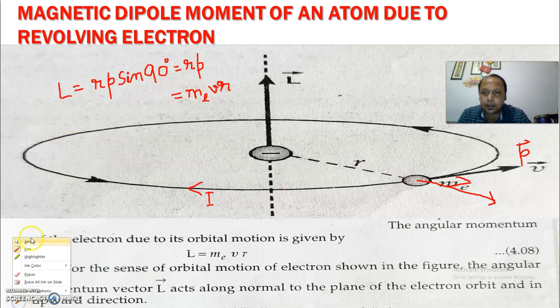Now what we are going to do is find the value of the magnetic dipole moment. We know that the current is I, which is in the clockwise direction here.